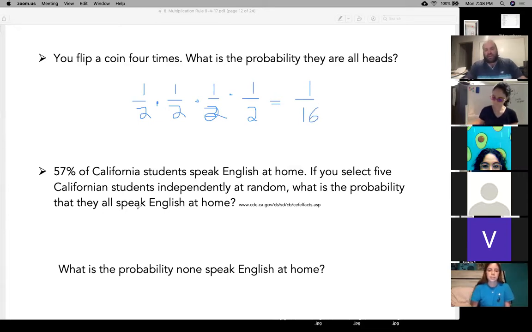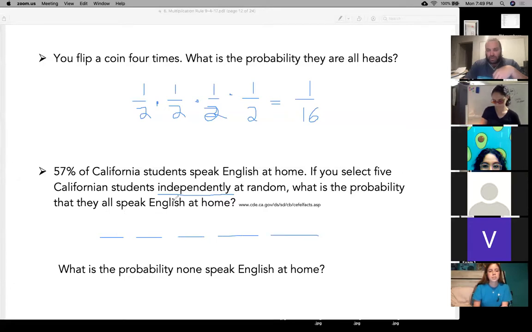Next one's a little tougher. 57% of California students speak English at home. If you select 5 Californian students independently at random. So here we don't have to ask, are they independent? Here they're telling me they're independent. What is the probability that they all speak English at home? So we have 5 events.